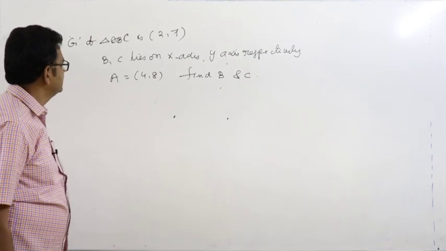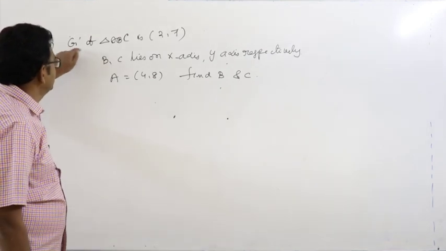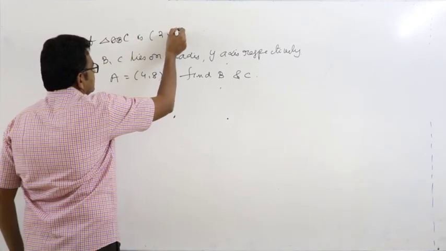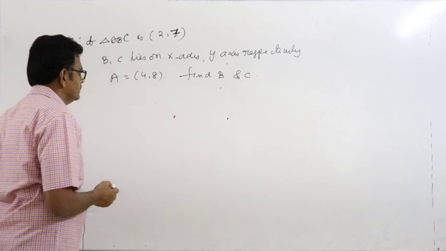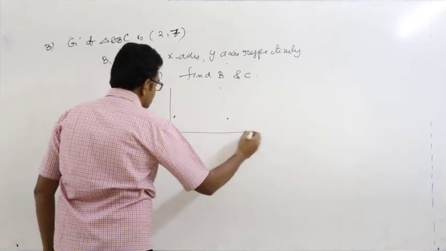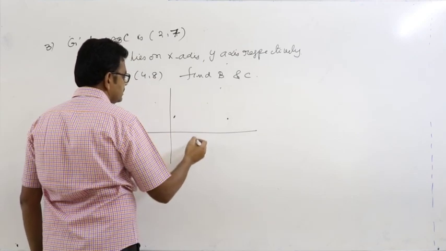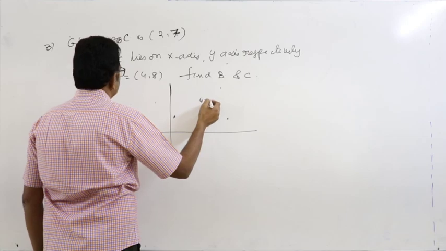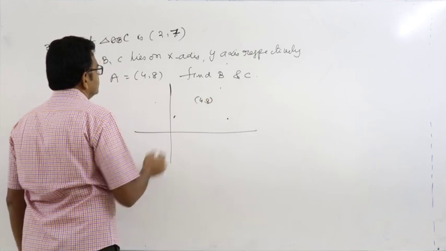In triangle ABC, the centroid is 2 comma 7. Let the point A be 4 comma 8.